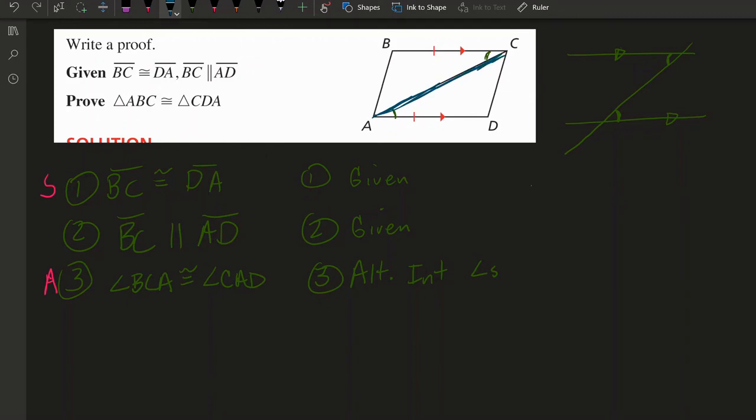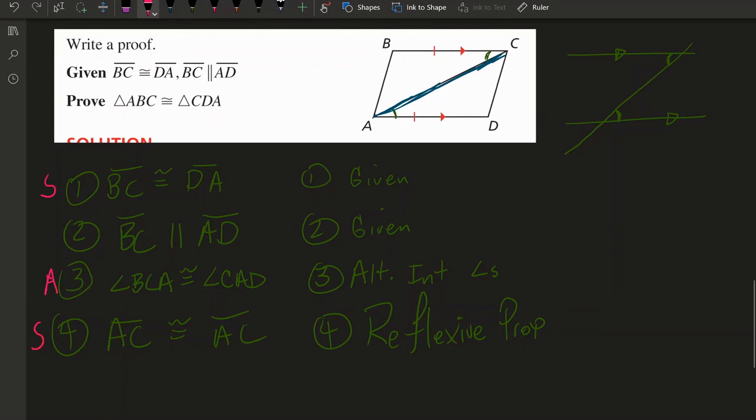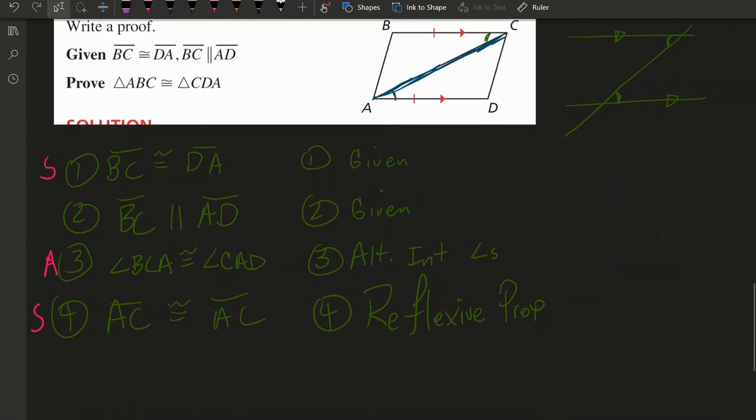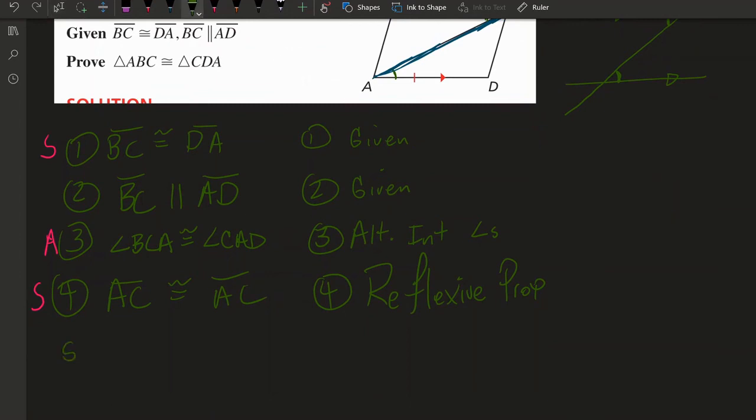It's the same side on both triangles, so what I can say for step 4 is that side AC is congruent to segment AC. And you'll remember, anytime I say that something's congruent to itself is the reflexive property. So that means that I've proven side angle side here. So now the next thing that I can say is step 5. Triangle ABC is therefore congruent to triangle CDA because of side angle side.